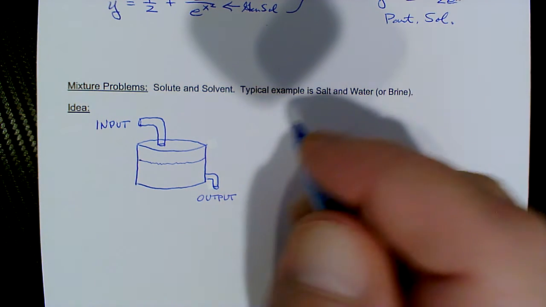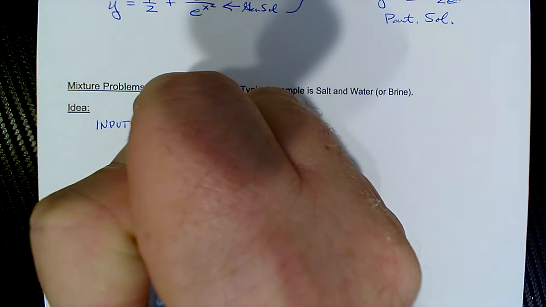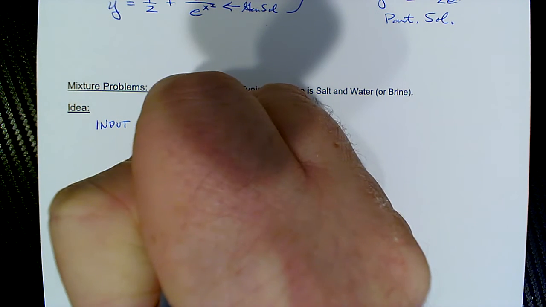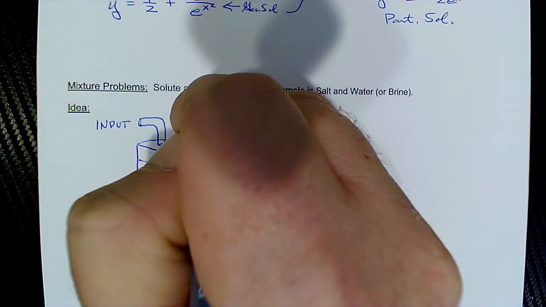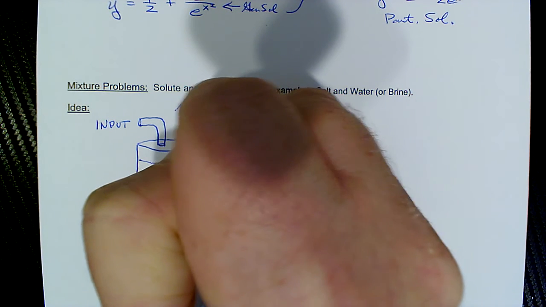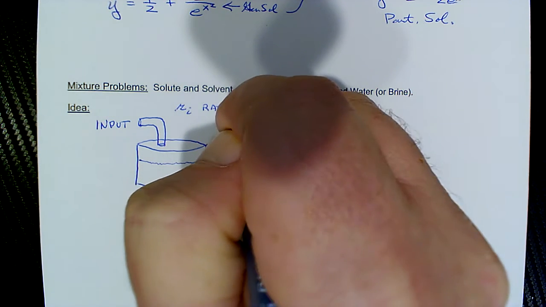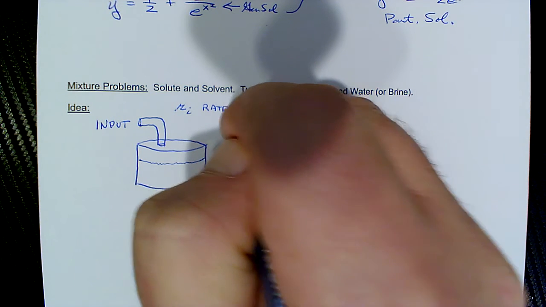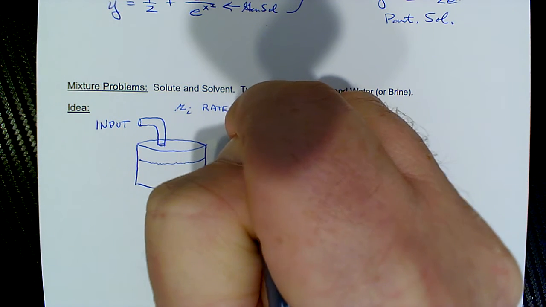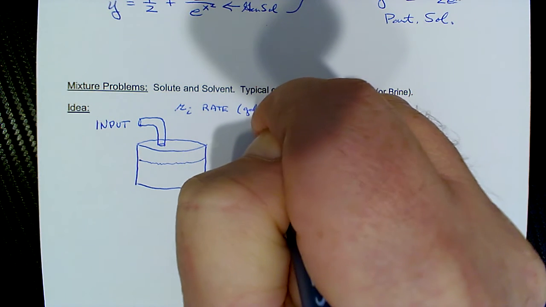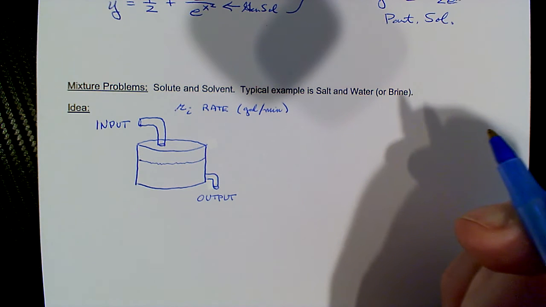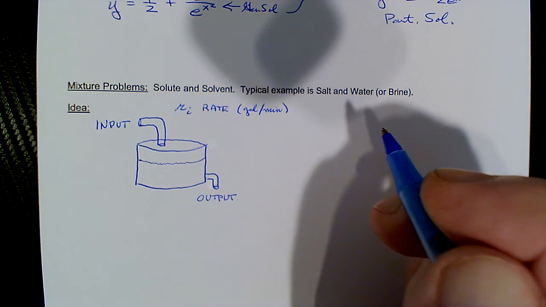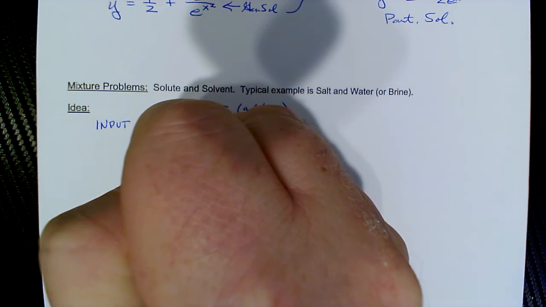or whatever it is. With regards to the input, we'll have a rate of input, so we'll indicate that by R sub I. So that's going to be our rate. And let's give it some units. We'll go with the British system. We'll say gallons per minute, just to get a good feel for the concept. We'll include units. And there's some concentration.